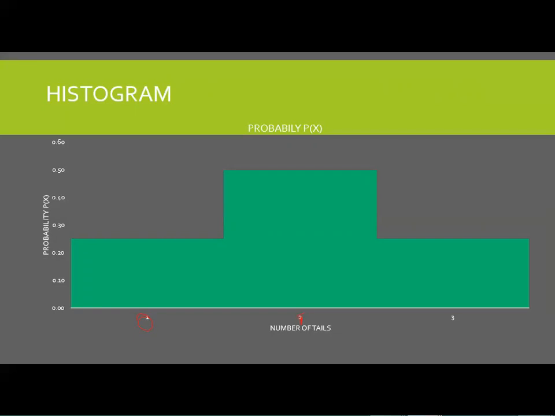The probability of 0 is 25%. The probability of 1 is 50% or 0.50, and the probability of 2 is also 25%. So, ayan. This is now the probability histogram for our given probability distribution.